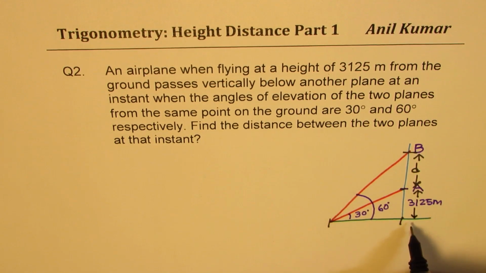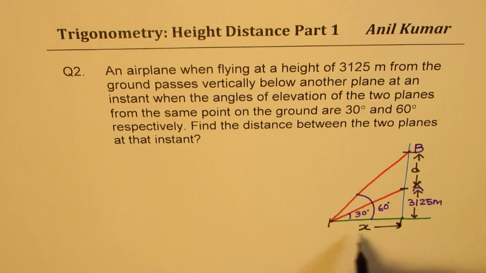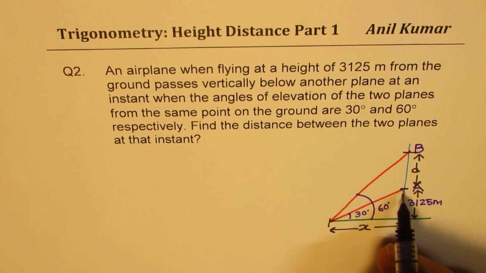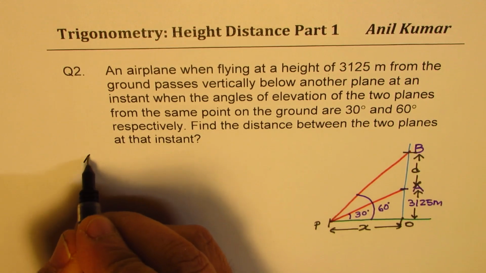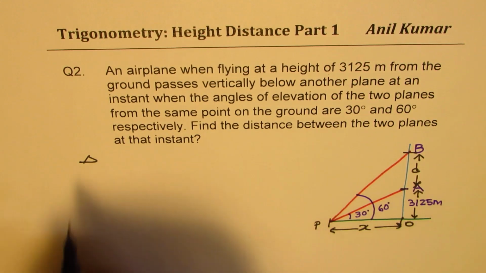So the first part will help us to find the distance along the base. Let's say this distance x we can find first, correct? Using a smaller triangle, let's call this point P and this O. So first let us solve the triangle APO.